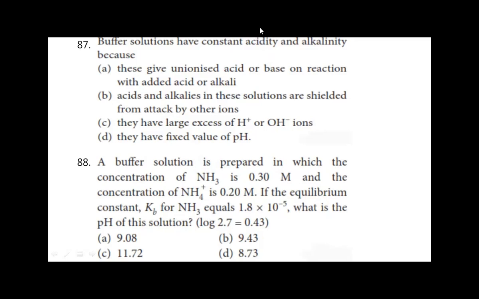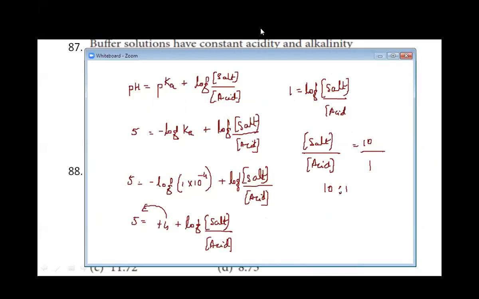And log 2.7 is 0.43, they have already given. Okay, let us try to solve it out. They have given us the concentration of NH3, which is 0.30 molarity. What is the Kb?